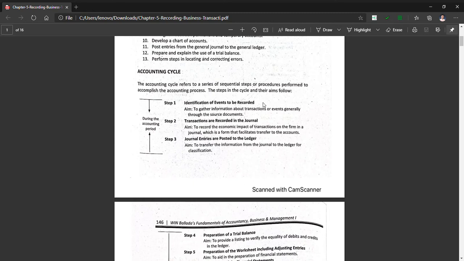While naman yung mga events na hindi kailangan ng i-record, for example, bumisita yung president ng isang kumpanya sa isang department, right? That is an event of the business pero hindi mo naman kailangan i-record 'yon. So you need to identify if events need to be recorded or not to be recorded.